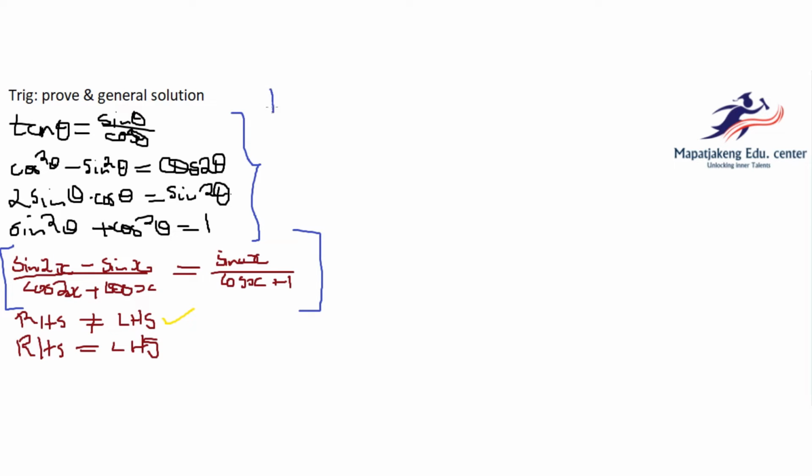Then we're going to take the left hand side, which is equal to sine 2x minus sine x, all divided by cos 2x plus cos x.